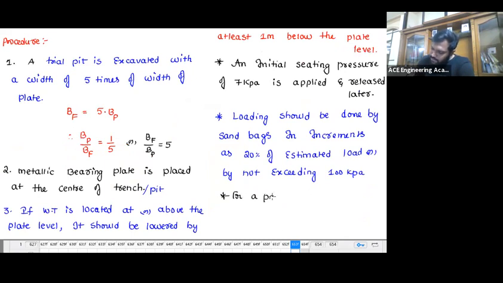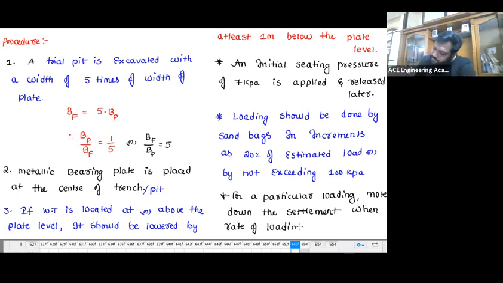For a particular loading, note down the settlement when the rate of settlement reaches 0.2 mm per hour.